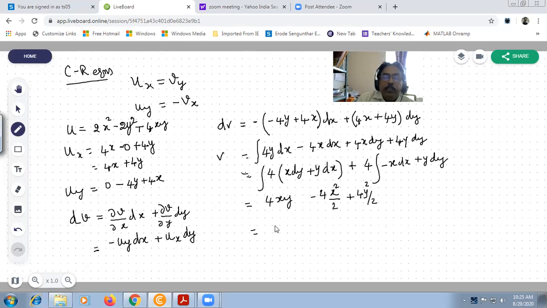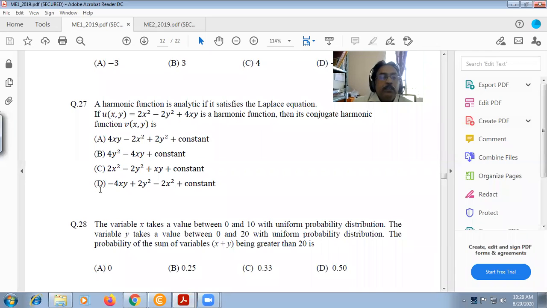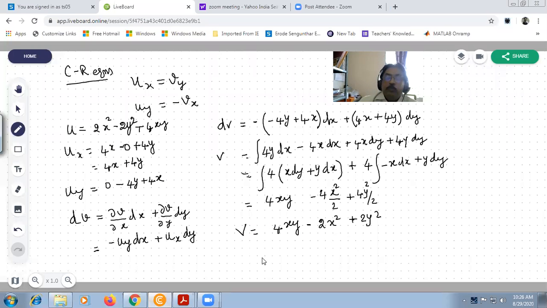Okay, we have the answer: 4xy minus 2x square plus 2y square. This is V. You can check the answer. What is the answer given? 4xy minus 2x square plus 2y square plus constant. Obviously, whenever you have an integration, you put a constant.